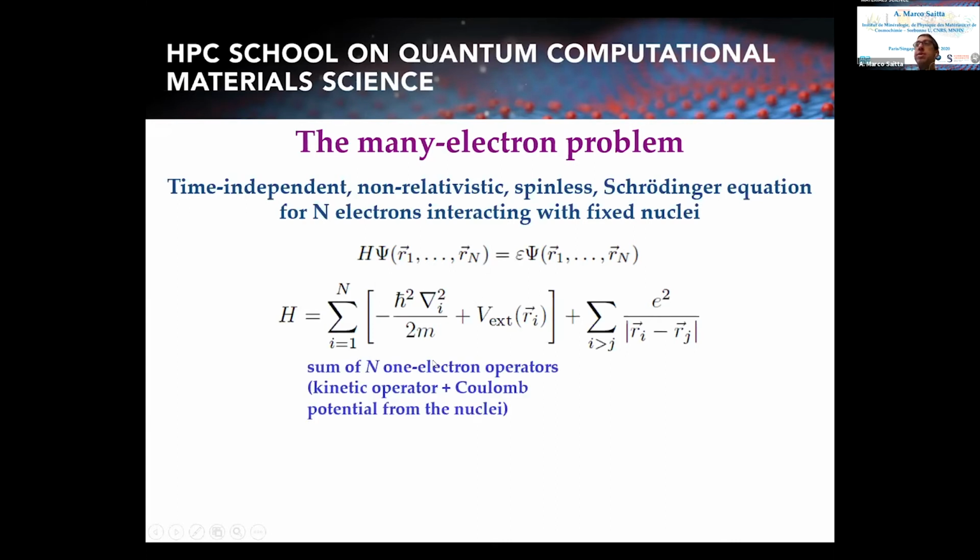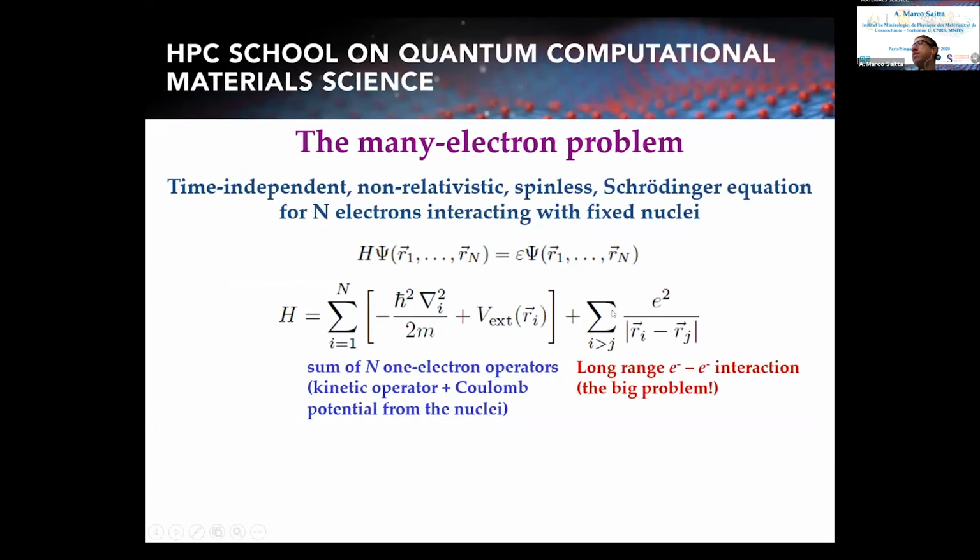And the problem is that this Hamiltonian is the sum of, if we have n electrons, n one-electron operators, the kinetic operators and the Coulomb interaction of each electron with the nuclei, and this is the easy part.